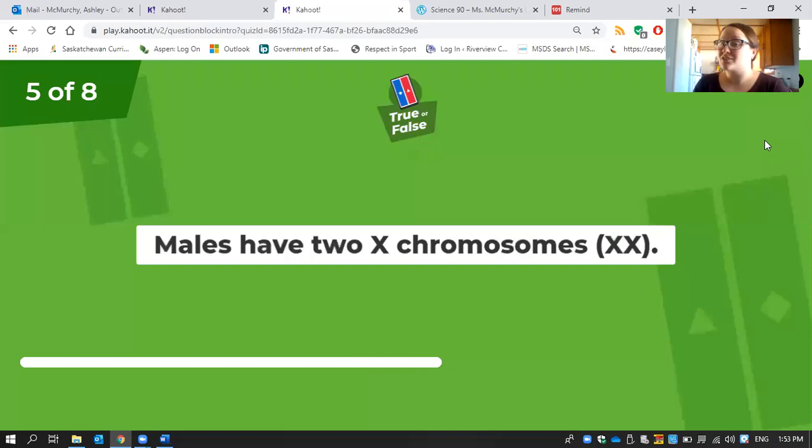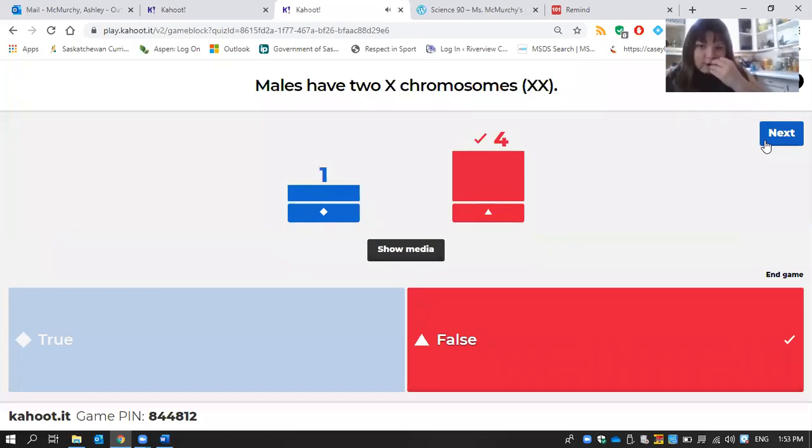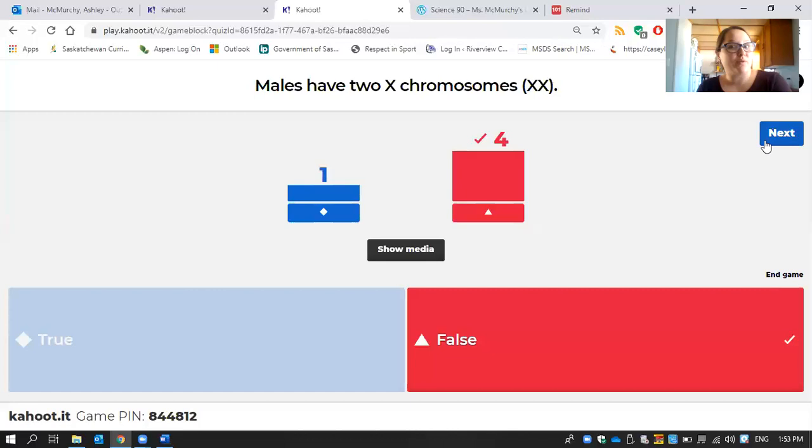True or false? Males have 2 X chromosomes, or are XX. Good job. So that is false. What are the 2 chromosomes that males have? Y, and what else?